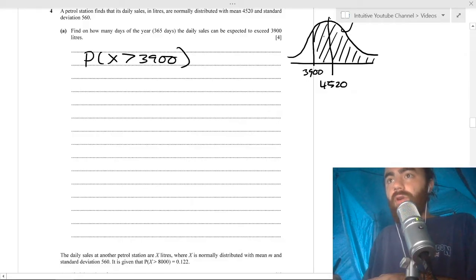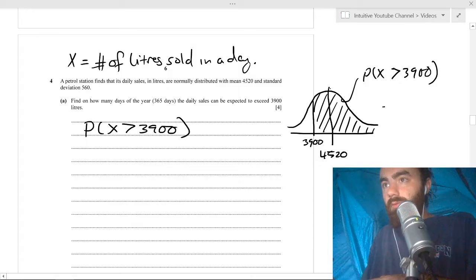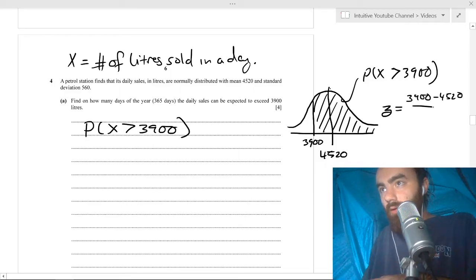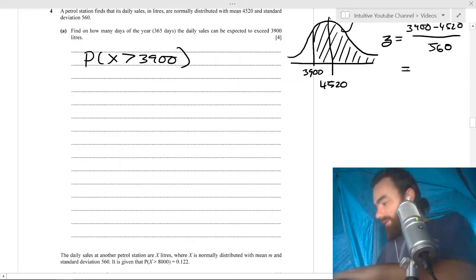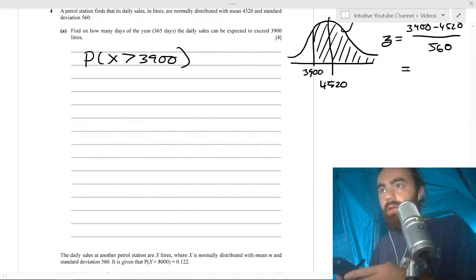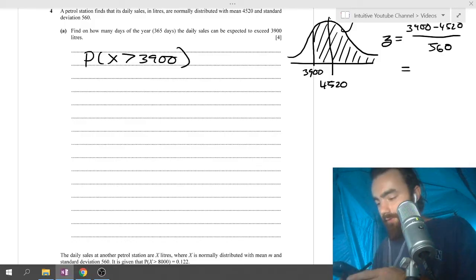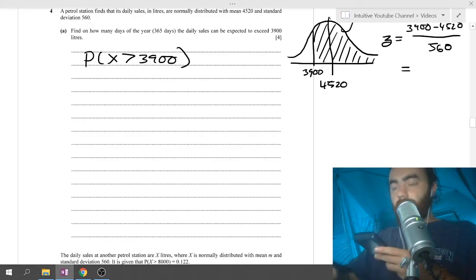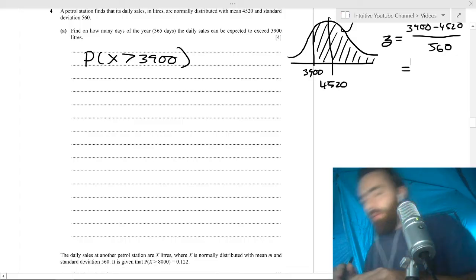Well, we can find the corresponding z value, the corresponding normalized distribution, by plugging into this equation: z equals x, which is our 3,900, minus 4,520 over our standard deviation, which is 560. That gives us minus 1.107.